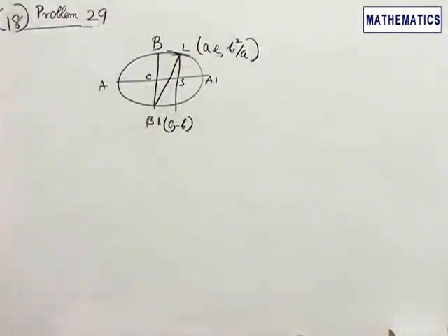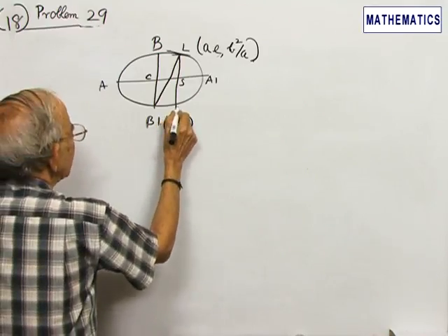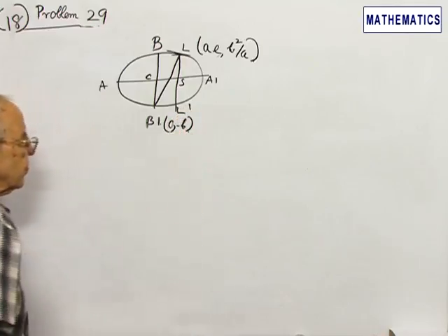Question 18, refer to problem 29. You are given an ellipse. L is one end of the latus rectum, LS, L dash.